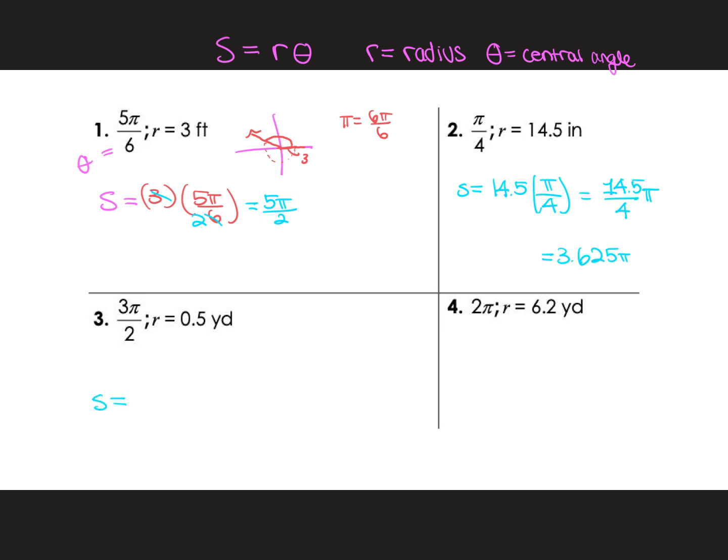S is 0.5 times 3 pi over 2. This 0.5 is really 1/2, so it's 1/2 times 3 pi over 2, which is 3 pi over 4. Number 4, S is 6.2 times 2 pi. So 6.2 times 2 is 12.4, so it's 12.4 pi.